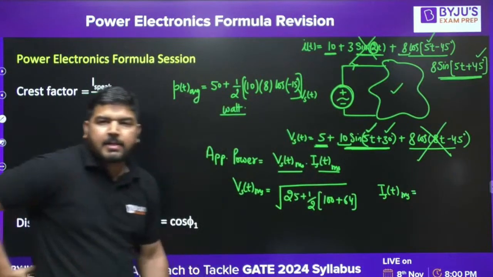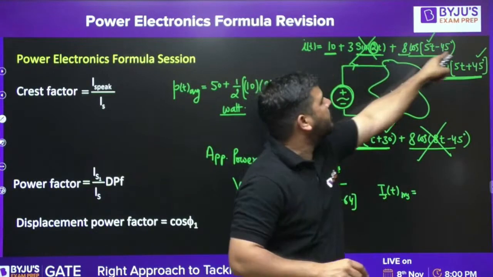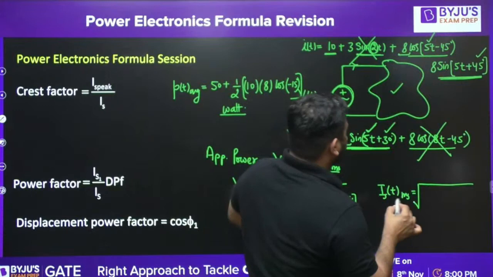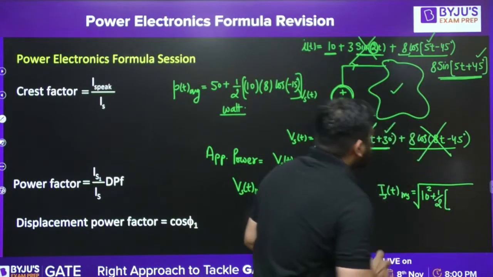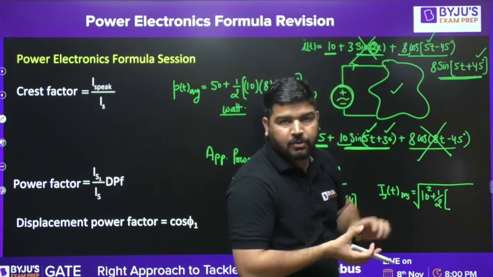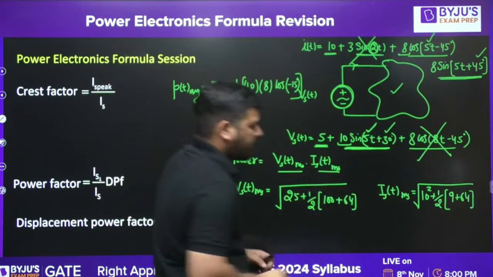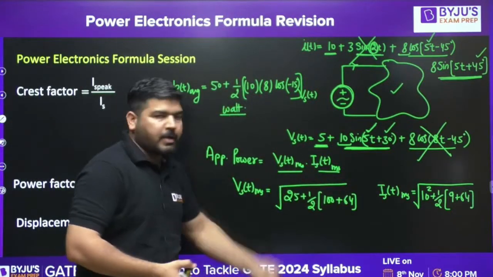So if I calculate I RMS, again we can apply Parseval's relation on this equation, and it will be equal to root of the DC component square. DC is 10, so 10 square plus 1 by 2 AC component square, that is 9 plus 64. This will be my I RMS. So we can multiply them together and we'll get the apparent power.